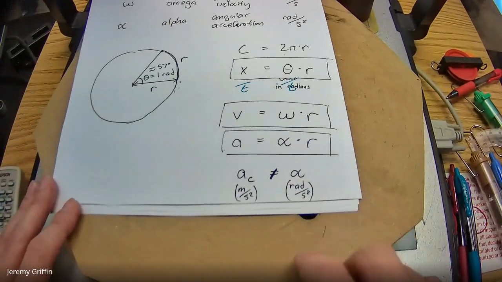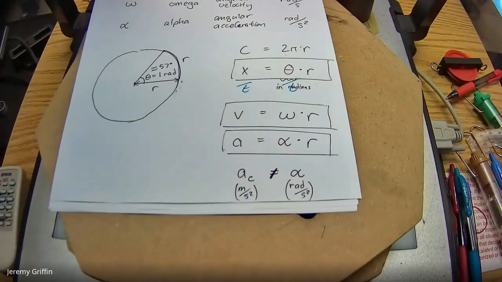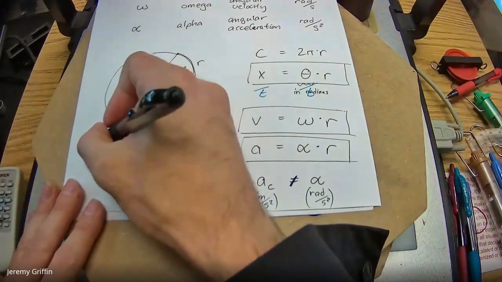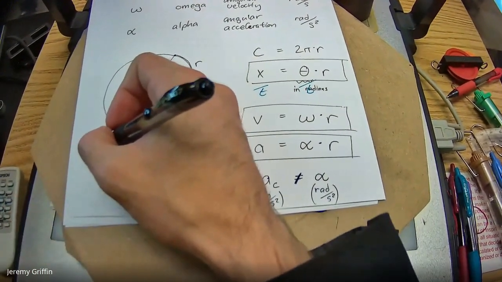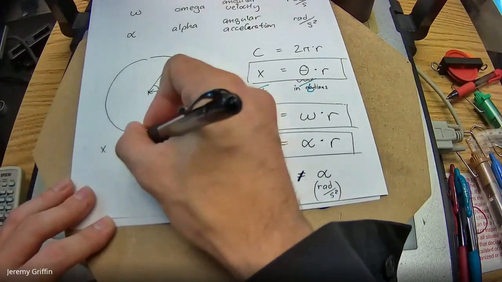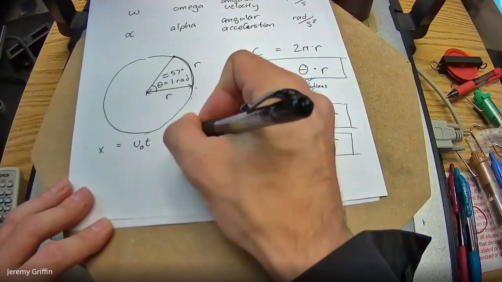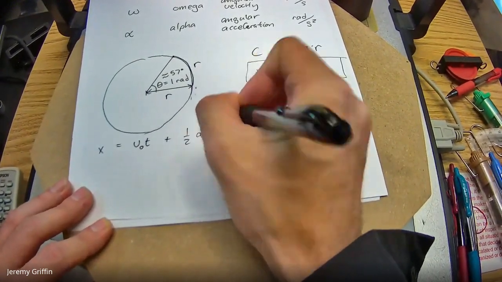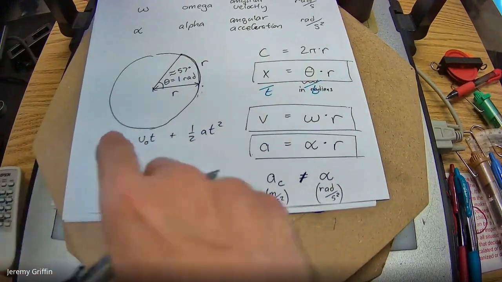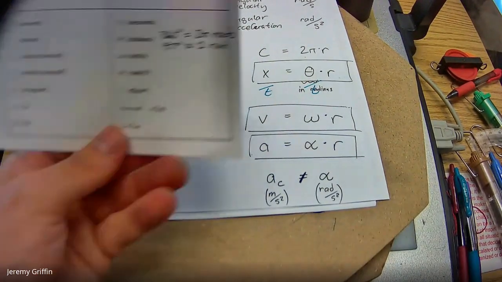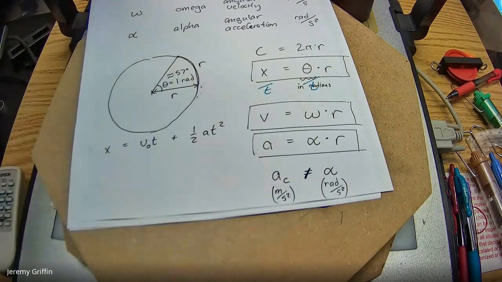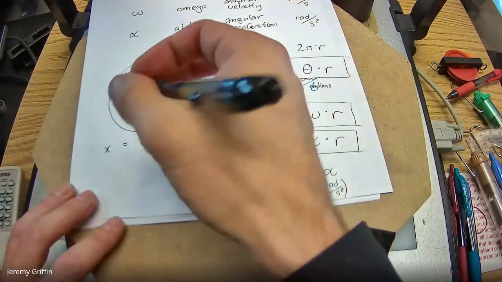I want to make another connection between linear kinematic motion and rotational kinematic motion. It goes like this. You guys remember those 3 kinematic formulas that you see on that green poster over there? The top one goes like this: x equals v naught t plus half a t squared. You guys remember that, right? If you plug in the rotational equivalents of every single one of those linear motion variables, you actually get a perfectly valid rotational kinematic equation.